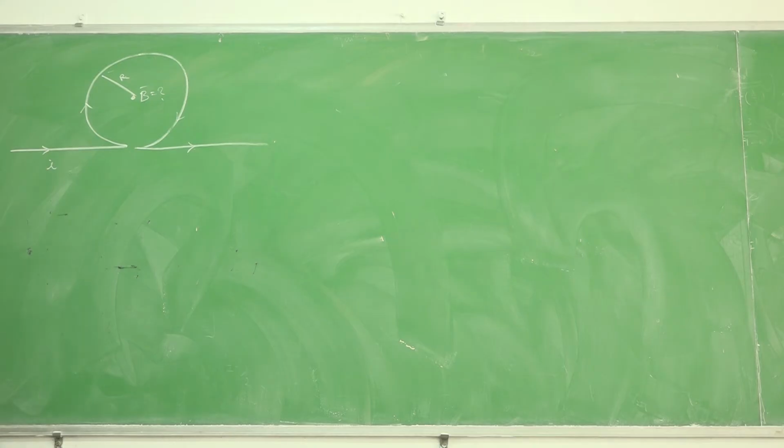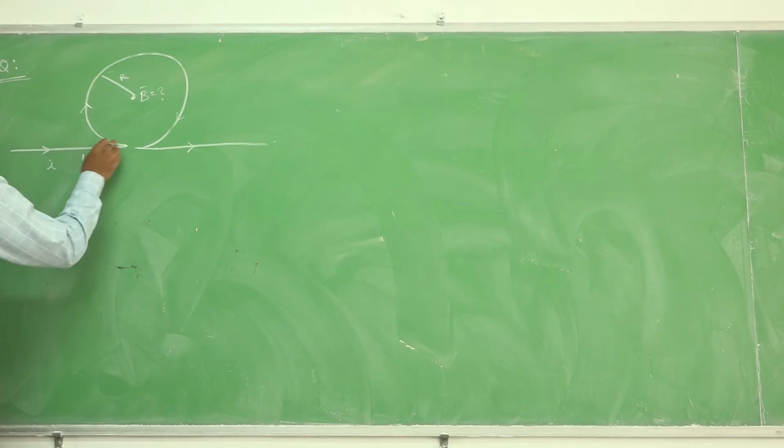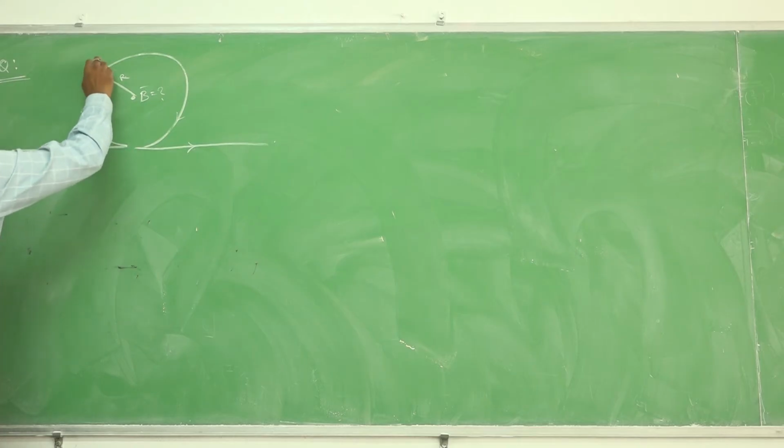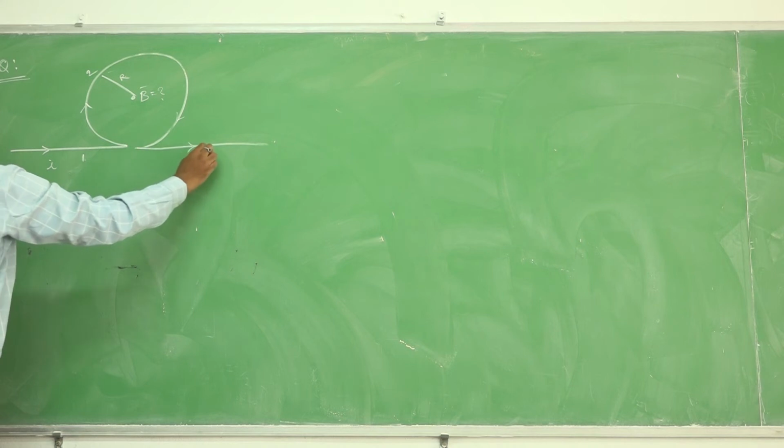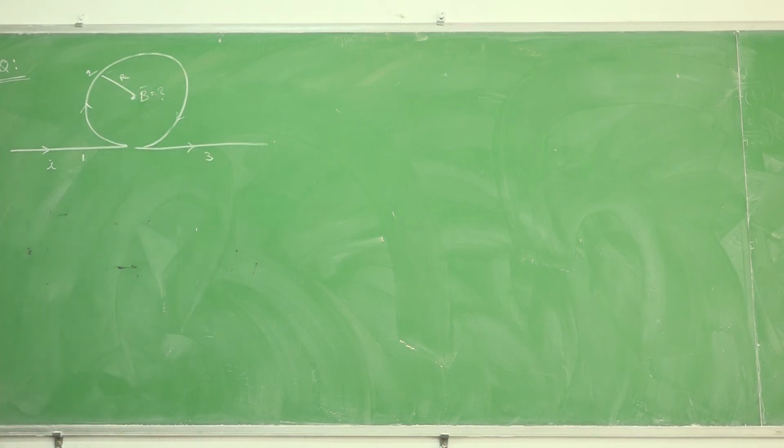Whenever we want to solve such a question, this is the question. We are asked to find the magnetic field at the center of the loop. In order to find it, we should divide this loop into 3 parts: 1 straight wire, 2 circular wire, 3 again straight wire.